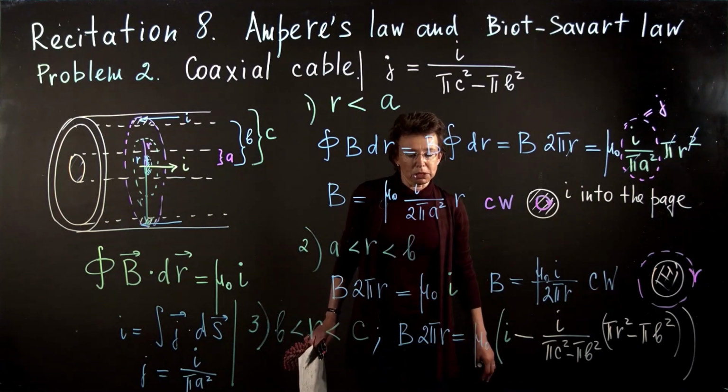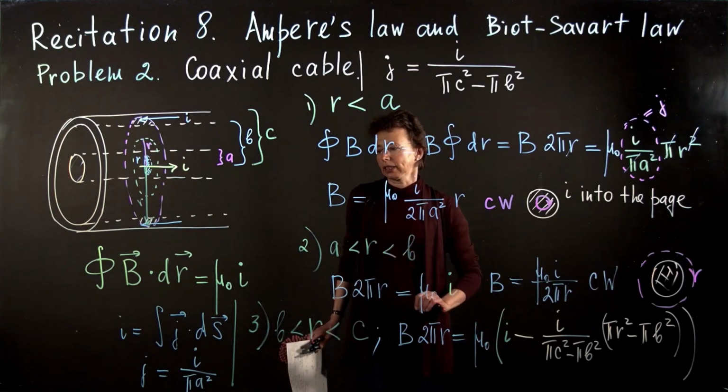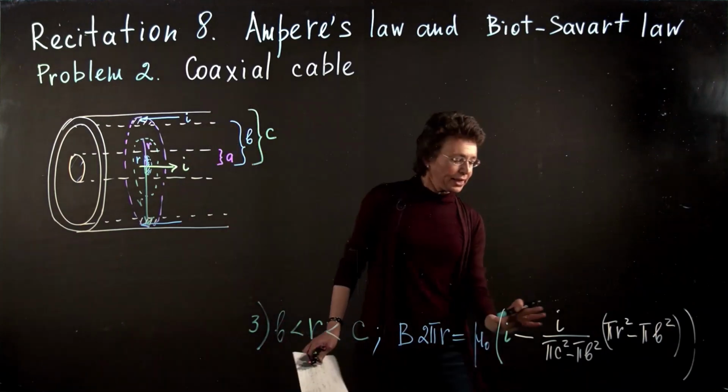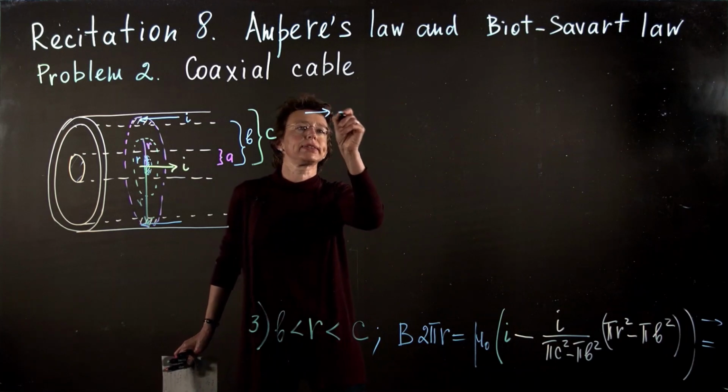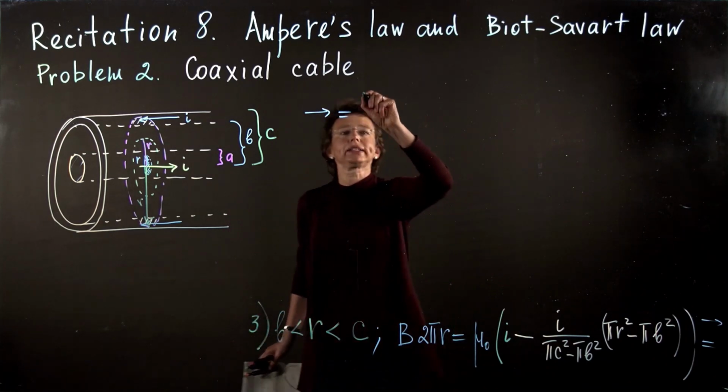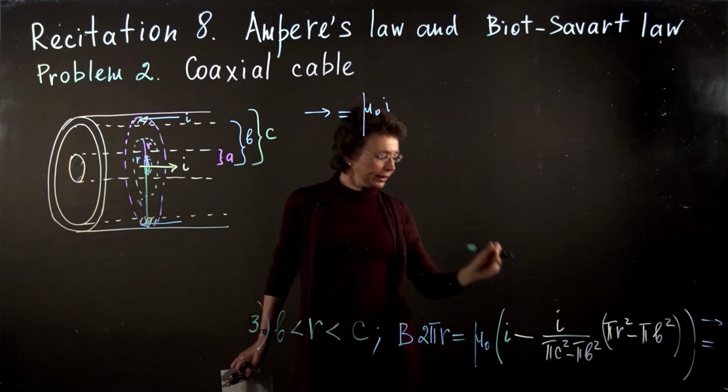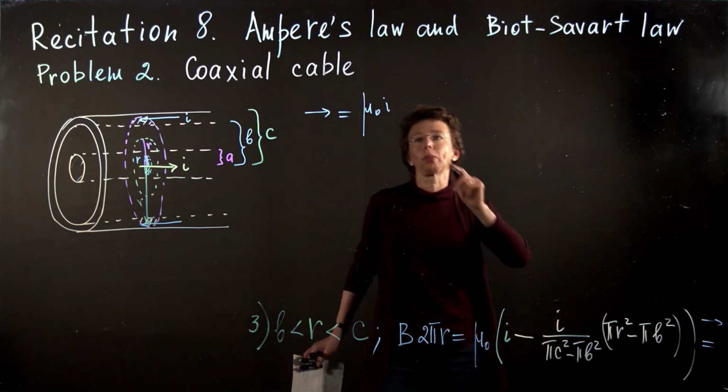And this will need some space, so I need to erase a little bit. I will erase here. Now we will simplify the right-hand side. I will put this arrow here for you to see that I continue writing here. So I factor out current I, and now we will bring this expression to a common denominator.